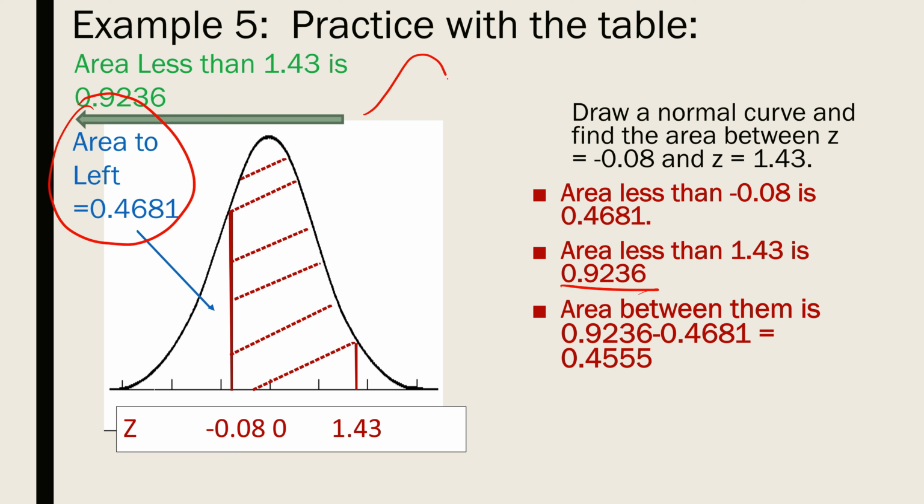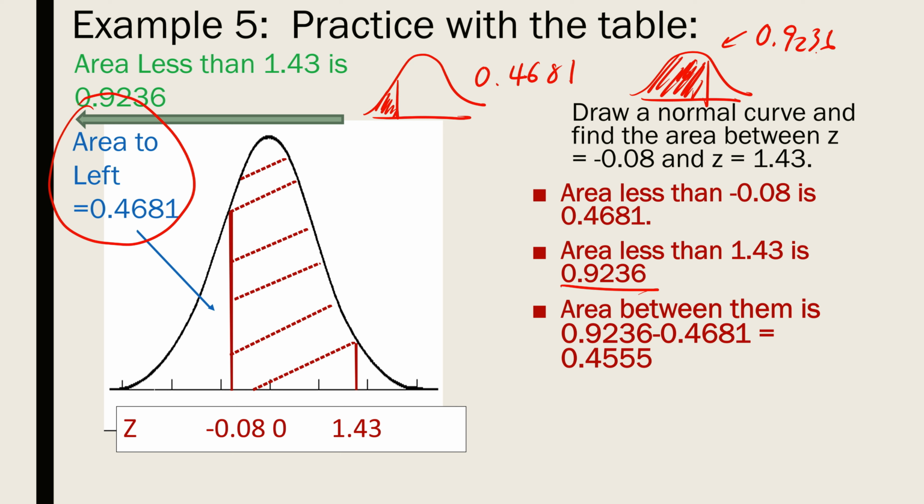This means this area equals 0.4681, and this area equals 0.9236. So the area between them is this area subtract this area. That's why we subtract these two numbers.